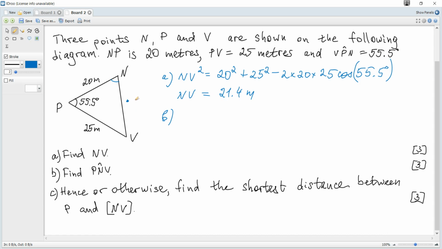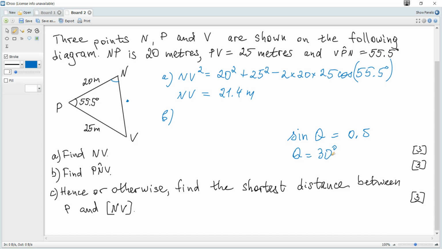We need pairs, side and opposite angle, so NV over sine of 55.5 is equal to 25 over sine of this angle N. If you solve for sine of the angle and get, for example, 0.5, the calculator says that it's 30 degrees.